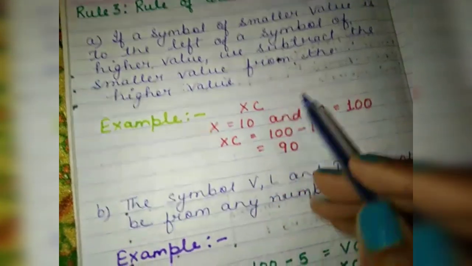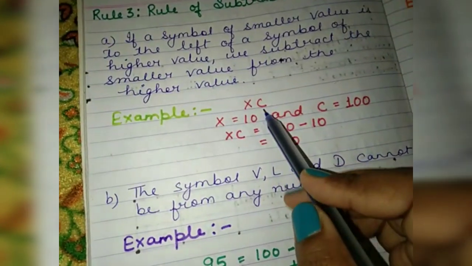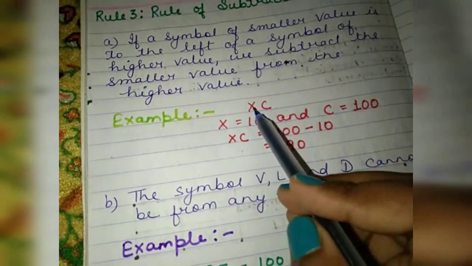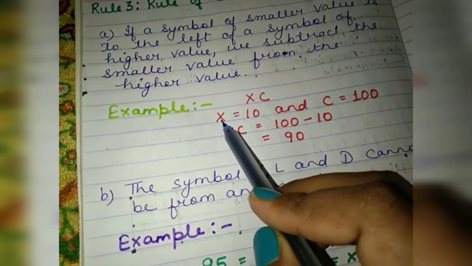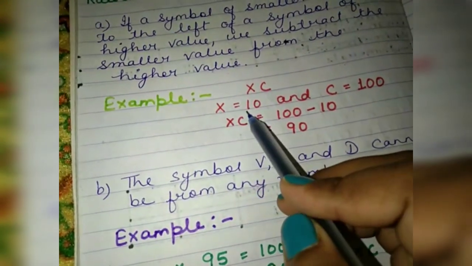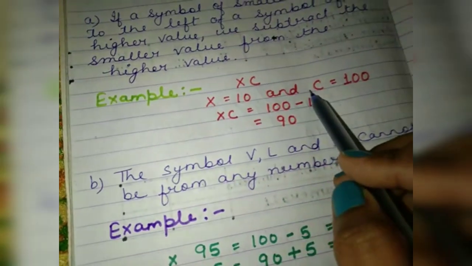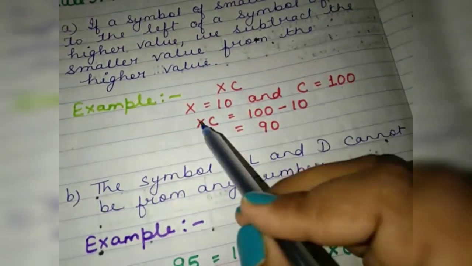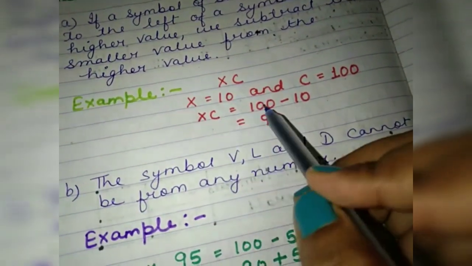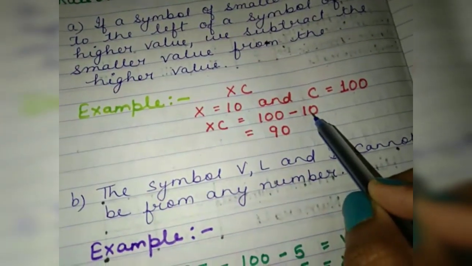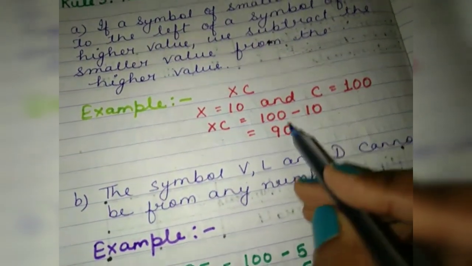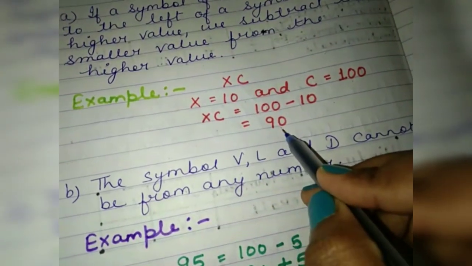For example, XC is given. X has the value of 10 and C has the value of 100. Together XC means 100 minus 10, so it will be equal to 90.